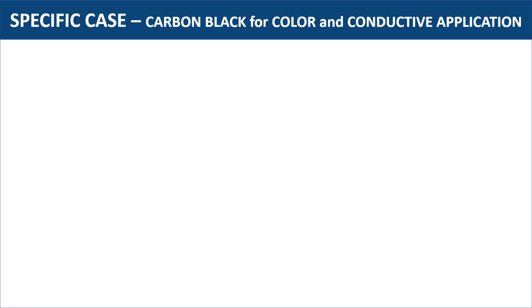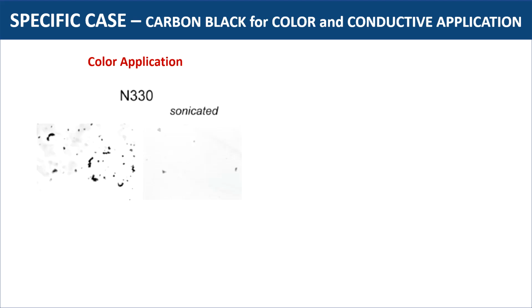Till now, we said that both good dispersion and distribution are required to achieve the best performance. But in some specific applications like carbon black, things can be a little different. Carbon black is used as both a color pigment and a conductive additive. For color application, excellent dispersion is required since color depends on light absorption, which is directly related to exposed surface area.